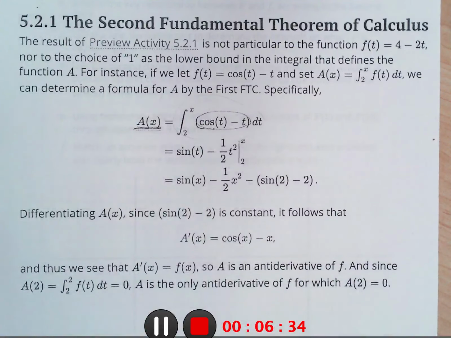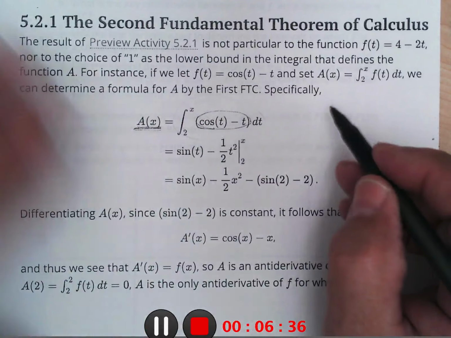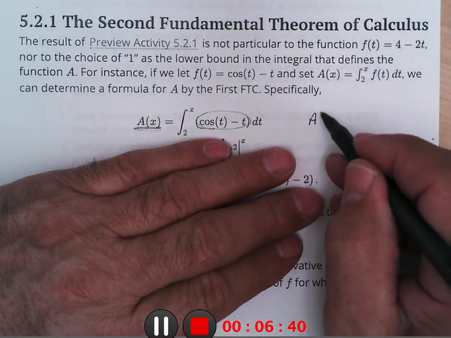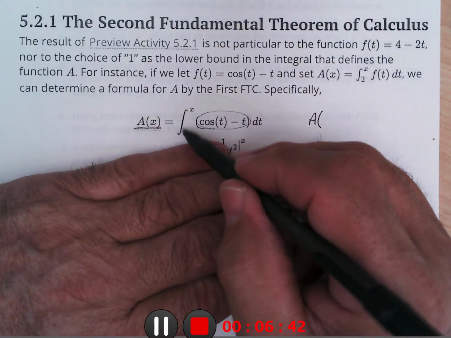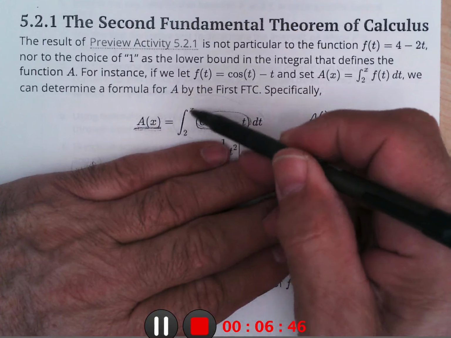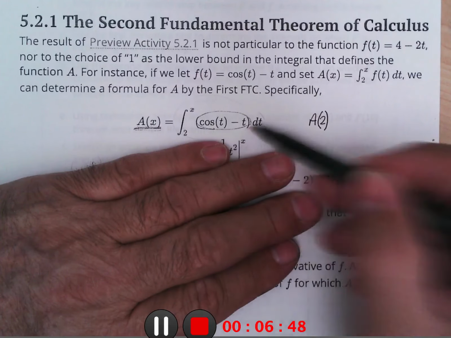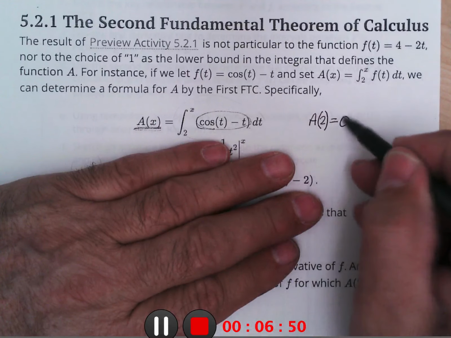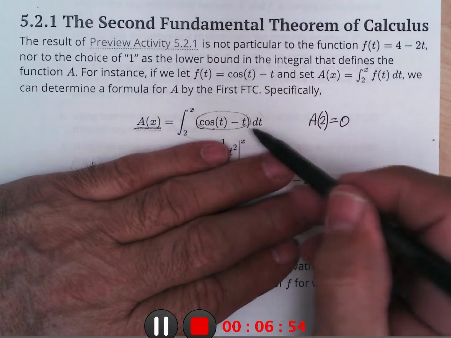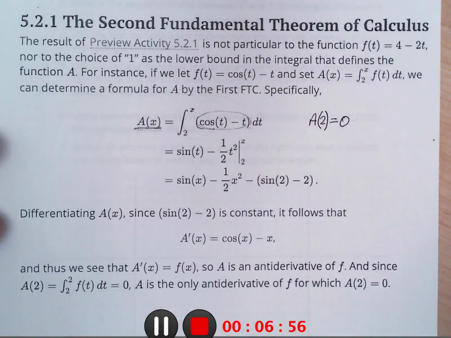Now, something important to see is that if we go from 2 to 2, the integral has to be 0. Because if you have no width, the integral has to be 0. The area is 0. Okay?